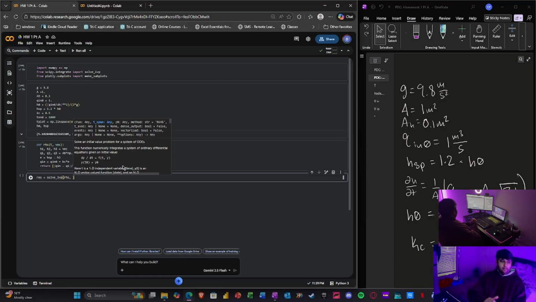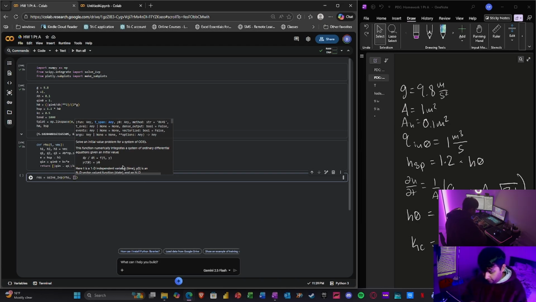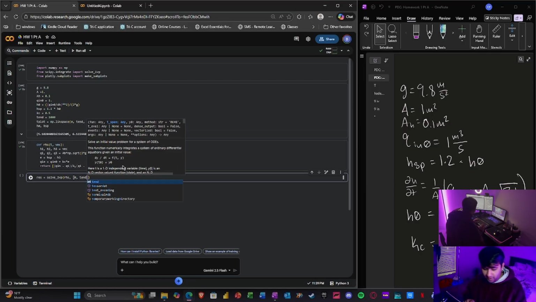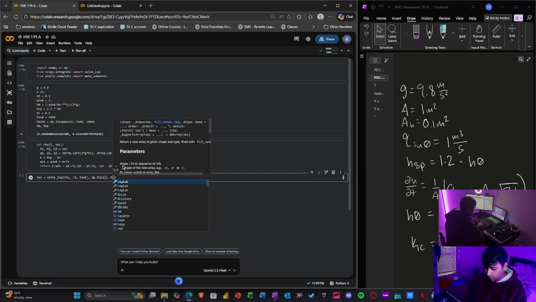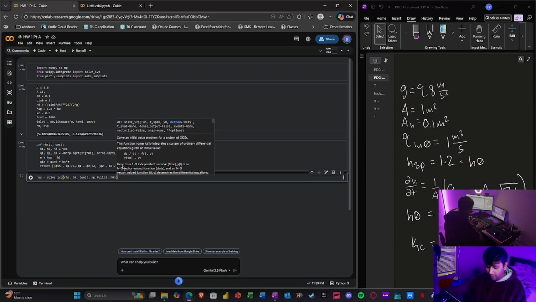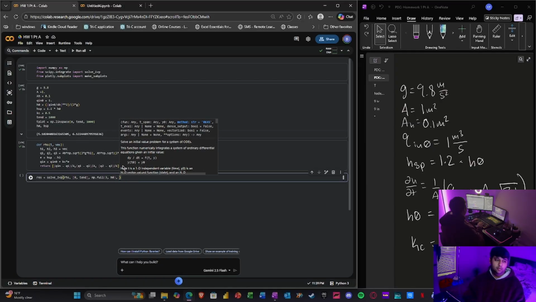So we have our right hand side, which we defined above, and then we're going to define the duration period, which instead of writing 1000 we just do 10, and then np.full, and this is essentially just saying for the 3 tanks the initial height is the same for all 3.